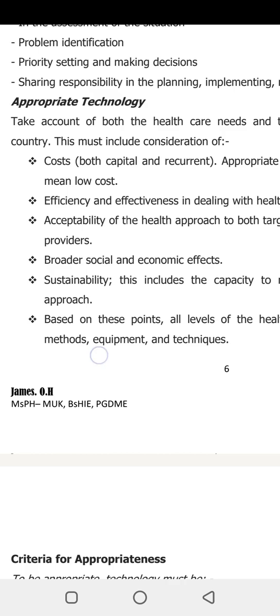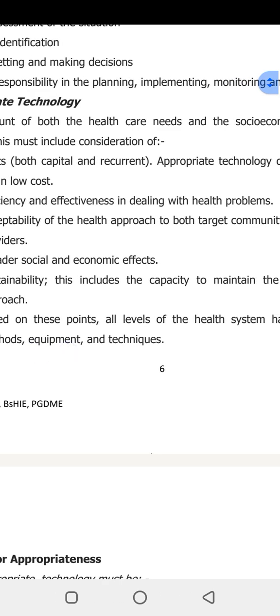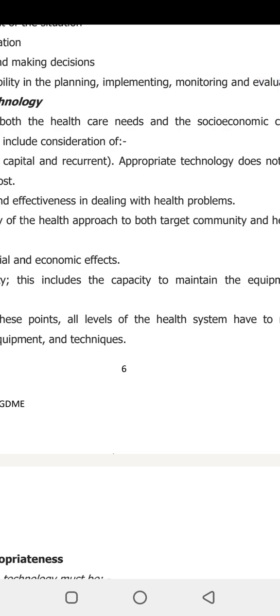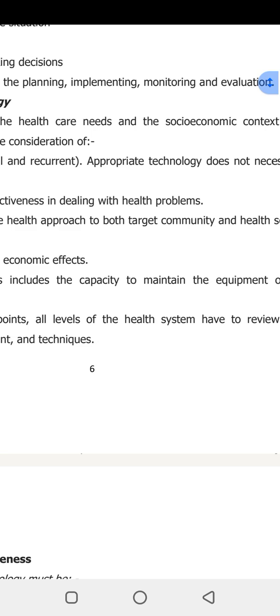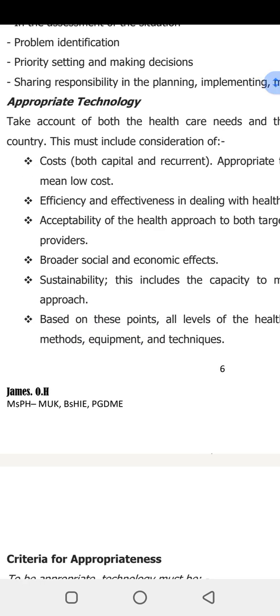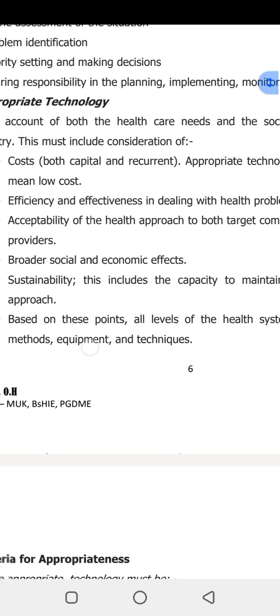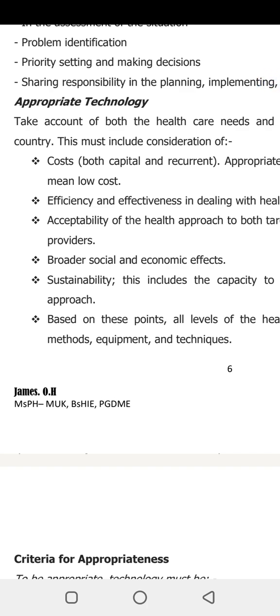Acceptability of the health approach to both target communities and health service providers. Now here, the service you are bringing, is it against people's customs in the community? Remember, we said it must be acceptable.